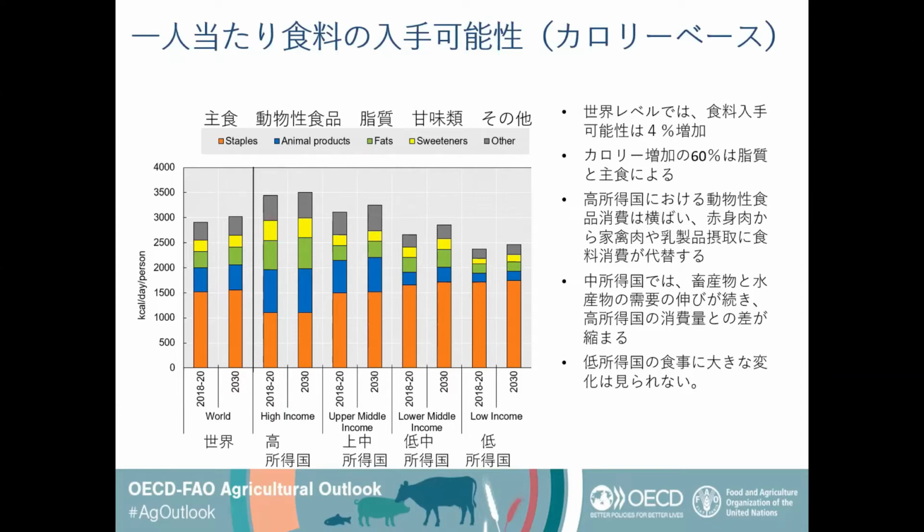If we look at the different income groups, the high income countries, no surprise, are relatively stable in their total volumes, but there we have more shifts within the groups. So we move to higher quality cuts in meat, and we move from red meat more to poultry. But the overall volume doesn't change much.